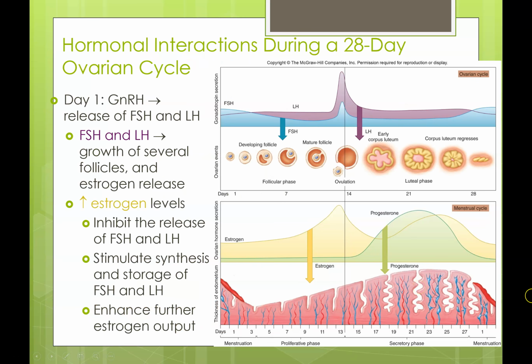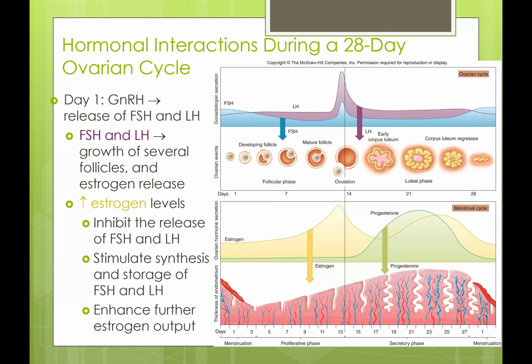So we've already talked about the hormone levels when it comes to the gonadotrophin secretion. Now I quickly want to take a look at the ovarian hormone secretion in relation to our ovarian events. So estrogen is going to start to increase as we move through the follicular phase. And this is because as our follicle is developing, we are gaining more and more granulosa cells.